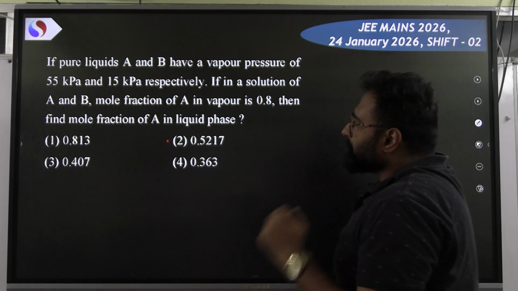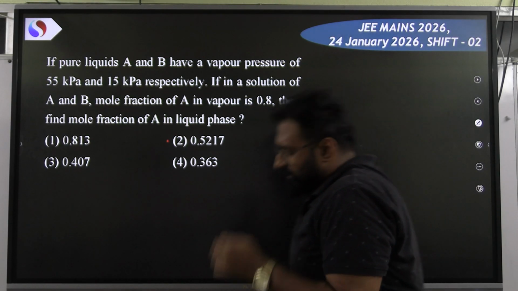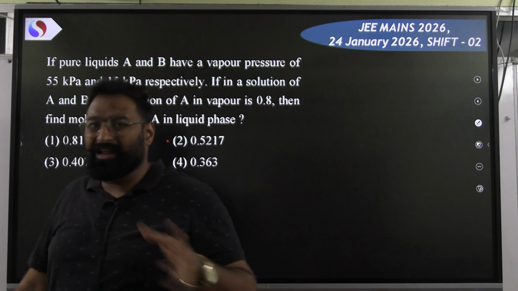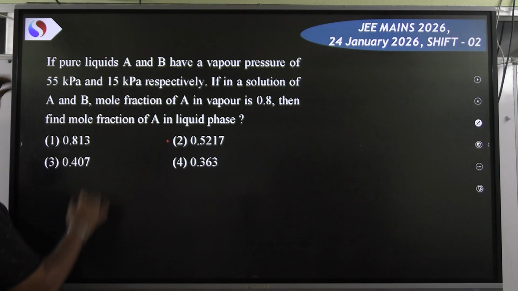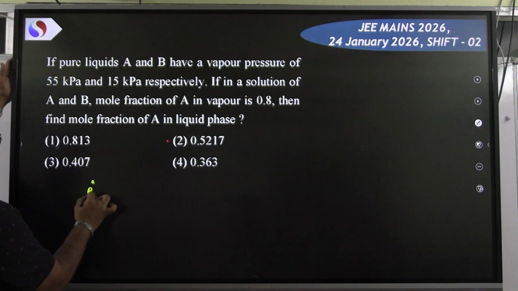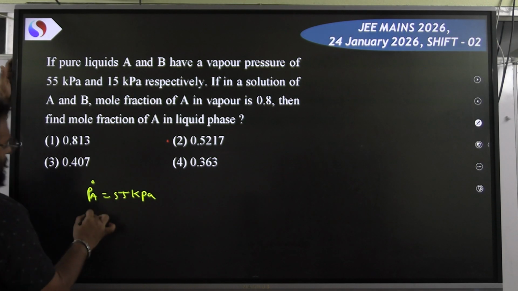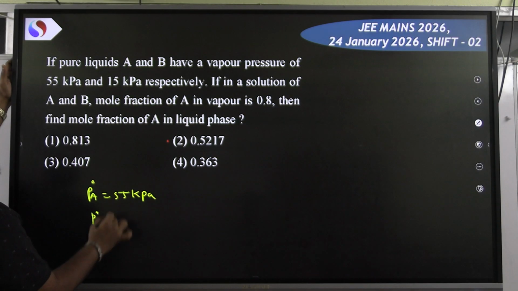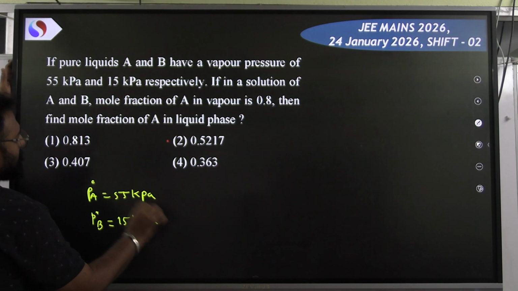Next, two pure liquids A and B have vapor pressures of 55 kilopascal and 15 kilopascal respectively. So what is given? P naught A is 55 kilopascal and P naught B is 15 kilopascal. Correct?